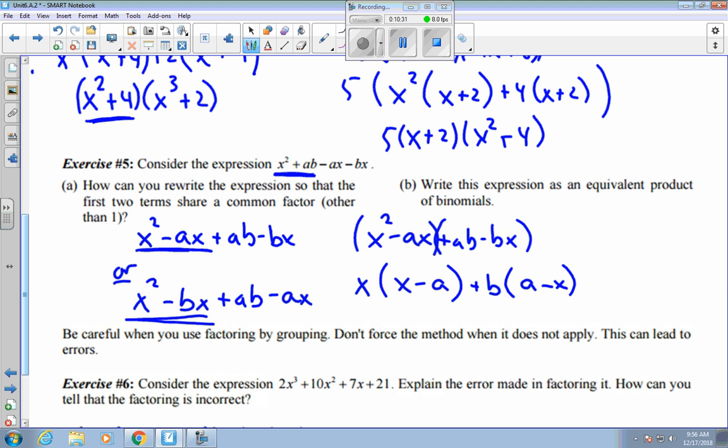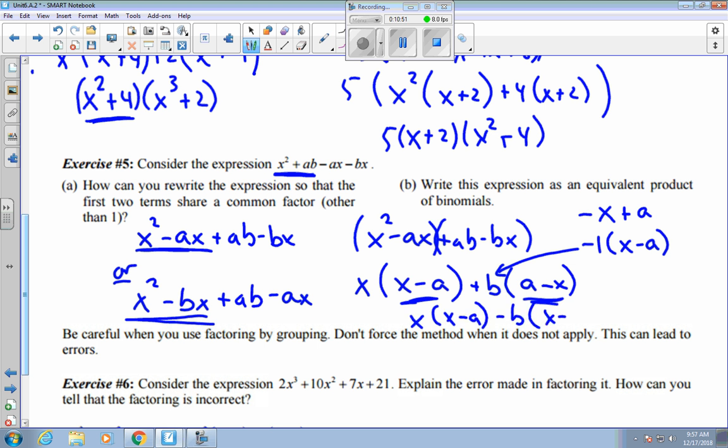That slight difference means I'm going to rewrite this as negative x plus a. Factor out a negative 1, I have an x minus a. Then this negative 1 gets multiplied by the b, and I would have x minus a, minus b, x minus a.